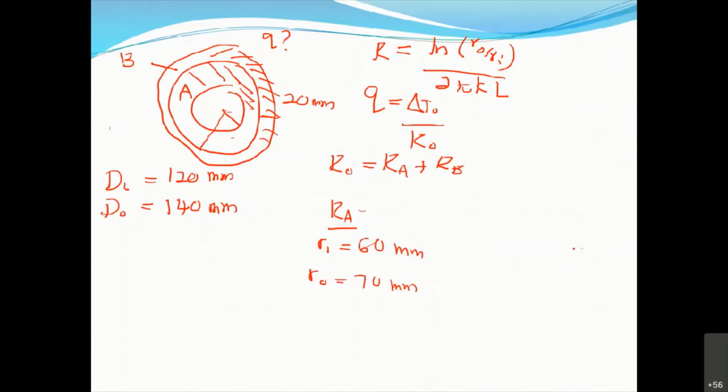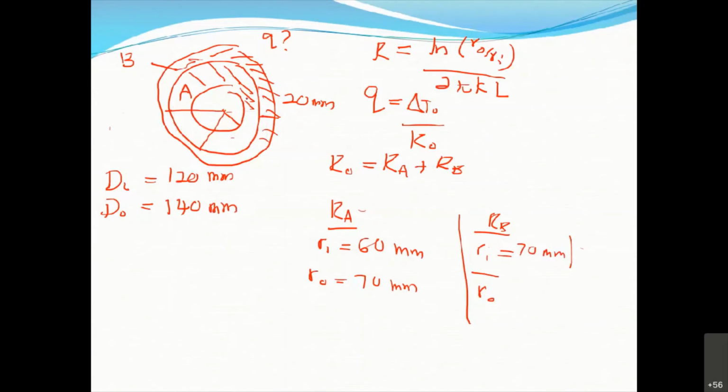You can do the same thing for your Rb. For Rb, you also need to decide what your Ri and Ro are. This is layer B now. From here to here is your Ri, so your Ri is going to be 70 mm.